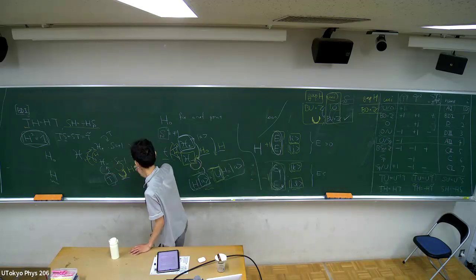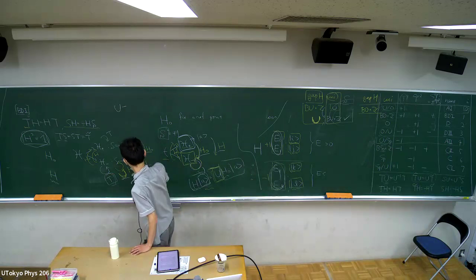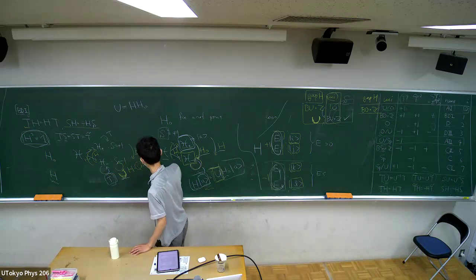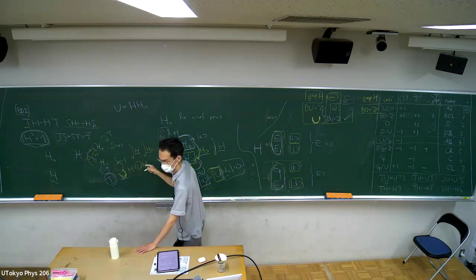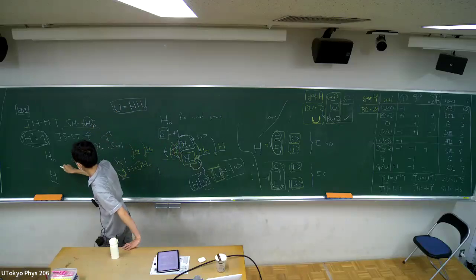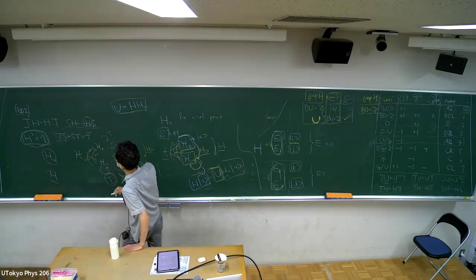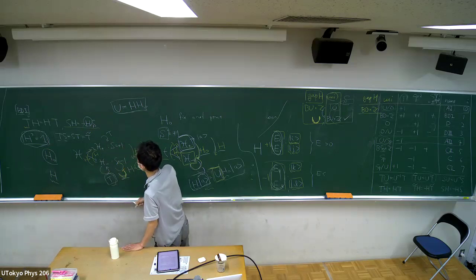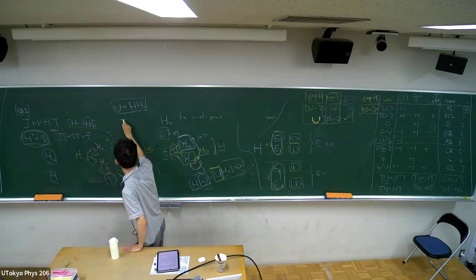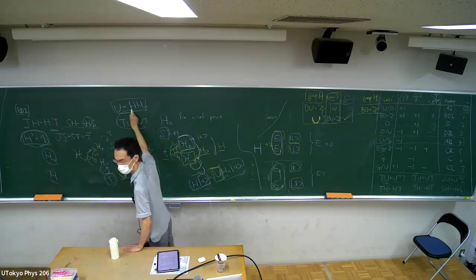Sorry, I got confused. Here, U is H0, right? Because H is obtained by multiplying H0 from here. And both H and H0 commute with T. Therefore, TU is UT here.